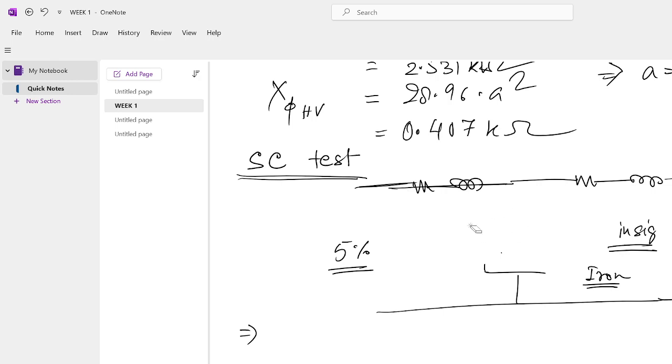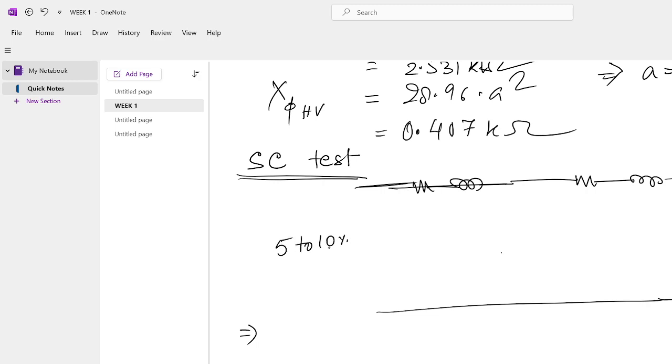So what will you do? Ignore this. Sir, repeat again, please. In the short circuit test, we apply around 5 to 10% of rated voltage. That is sufficient to circulate the rated current.